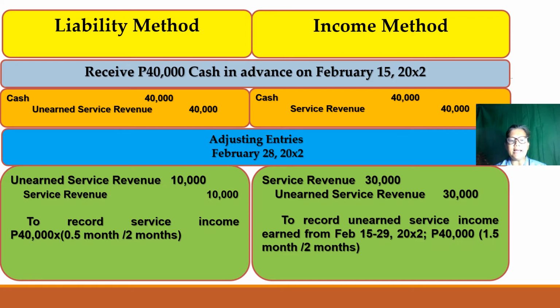And then on the adjustment on February 28, there is a debit of 30,000. Therefore, it follows that only 10,000 was realized, and that is from February 15 to February 28.